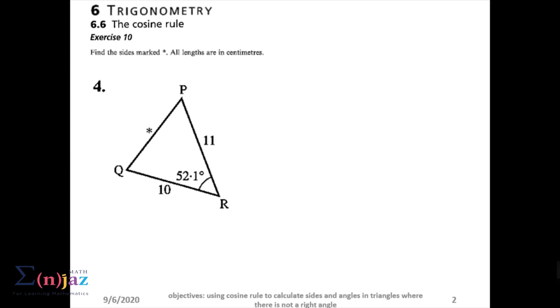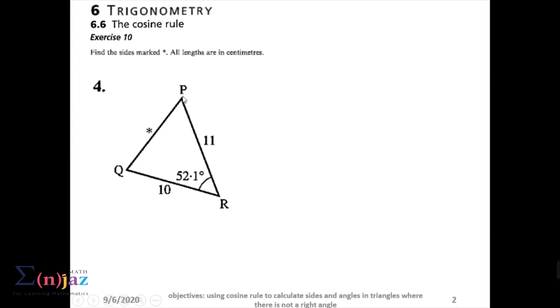Now, let's have a look at this question. And we're going here to use the cosine rule. Just like we did before, we have 3 angles and 3 sides.